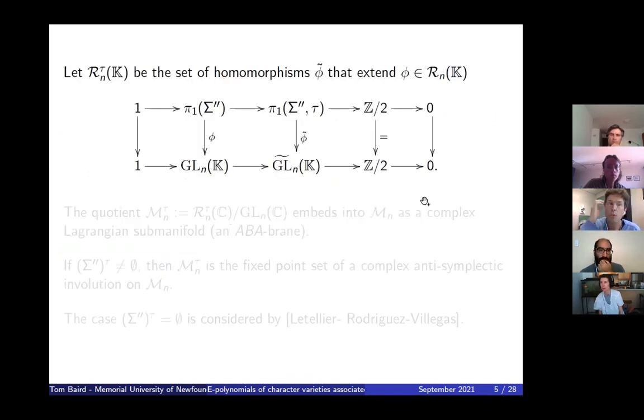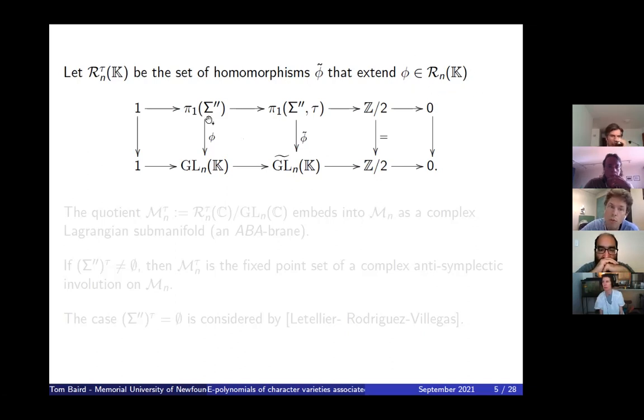Okay. So the representation variety I want to consider, R_n^tau(k), is, as a set, the set of homomorphisms from this orbifold fundamental group to this extended GL_n, which when I restrict to these index 2 subgroups gives me a representation, a twisted representation as I presented before.